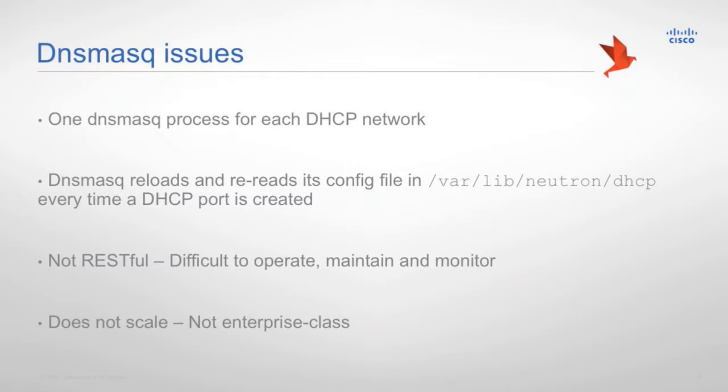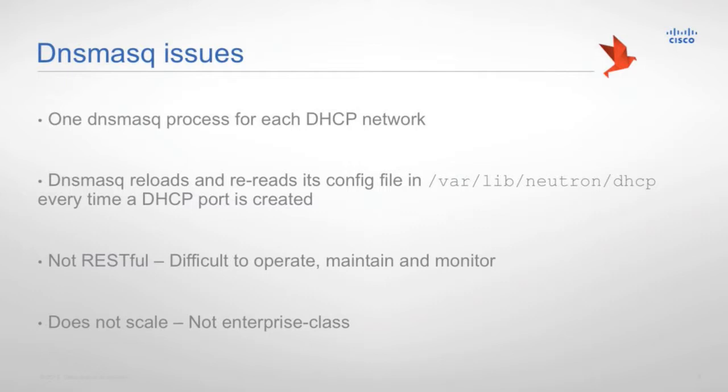So Dnsmasq issues in today's Neutron is that there's one Dnsmasq process for each DHCP network, and it reloads and rereads its config file in /var/lib/neutron/dhcp every time a DHCP port is created.